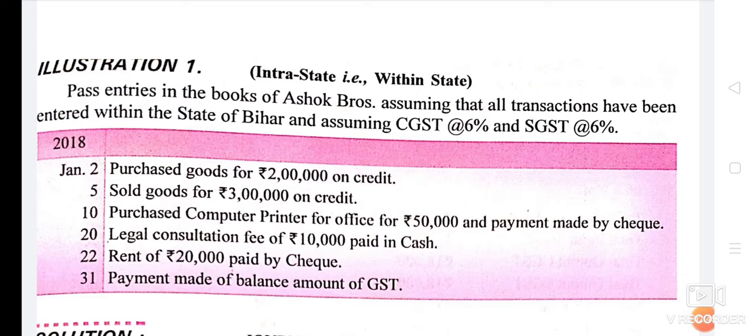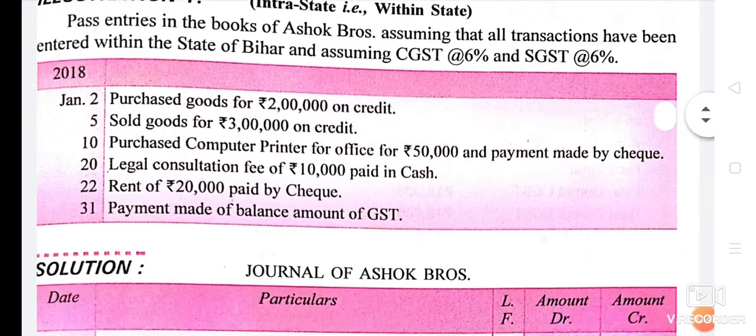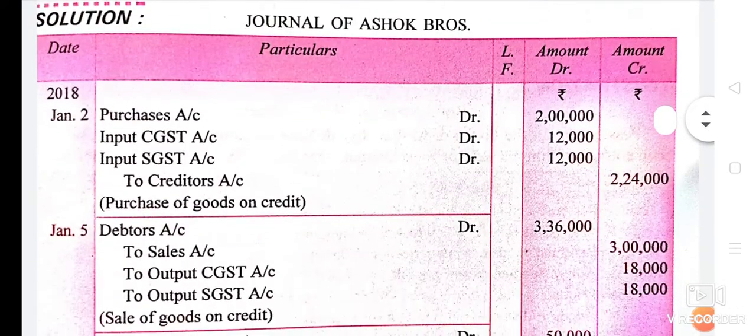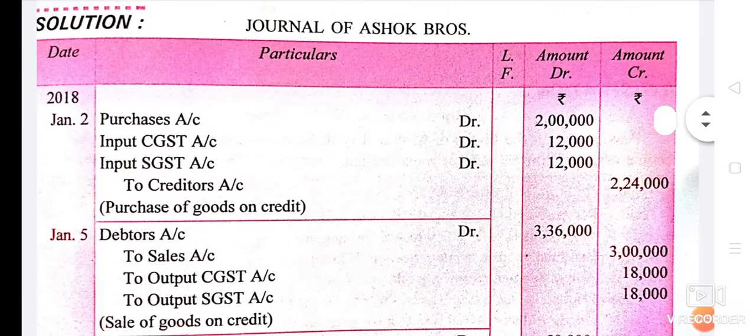Now we will see the journal entries one by one. In the books of Ashok Brothers, first entry is of 2nd January.